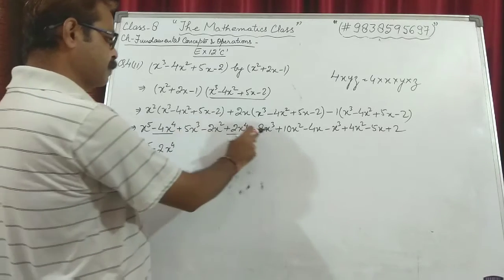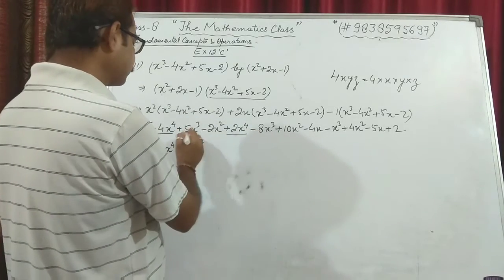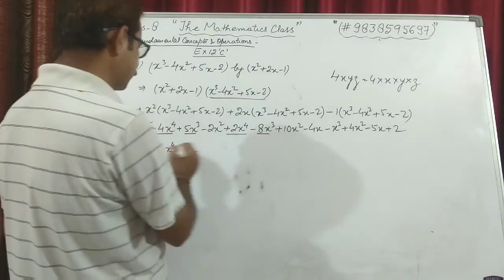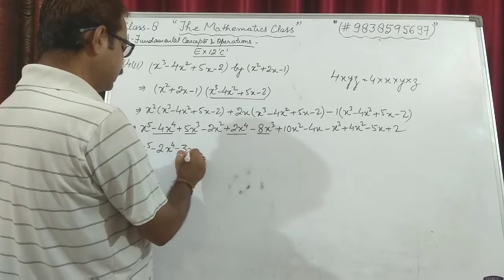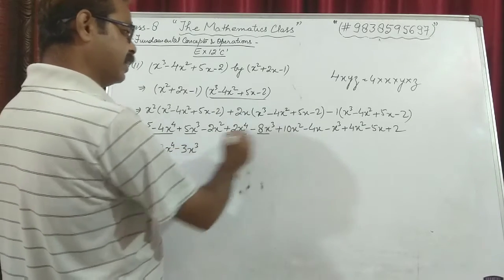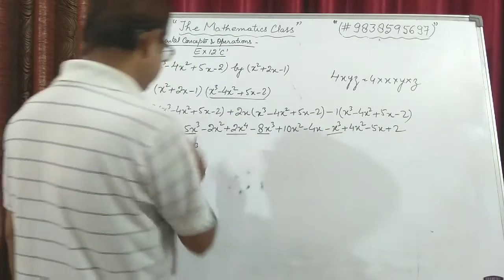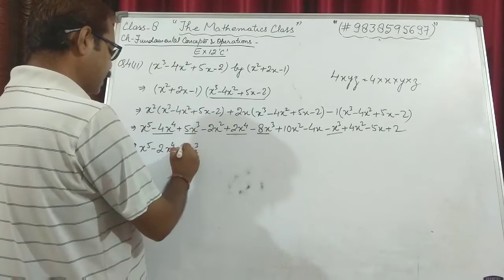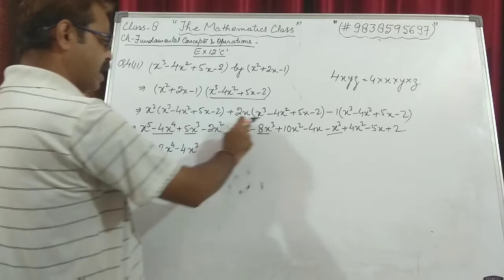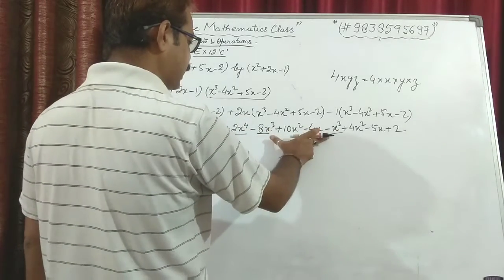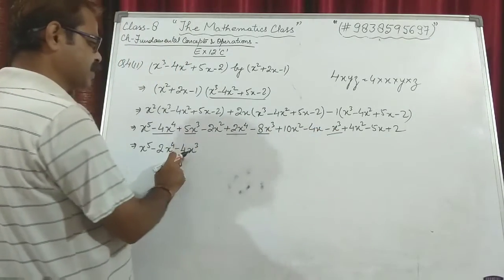Now 5x cube and minus 8x cube will be minus 3x cube. And minus one more x cube is there, so minus 3 becomes minus 4x cube. 8 and 1 is 9, so minus 9 plus 5 is minus 4.